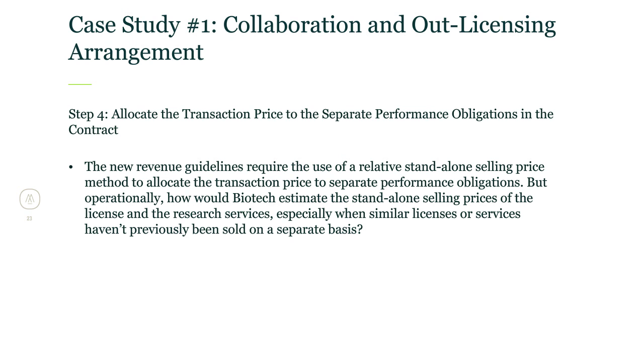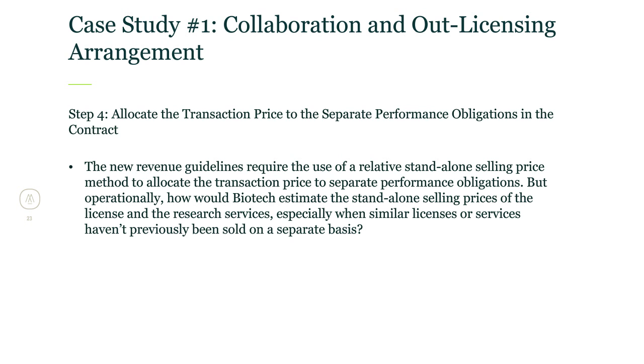Keep in mind also that discounts in variable amounts are allocated to specific performance obligations as long as the criteria for probability are met. So once you've determined that the individual standalone selling prices of each performance obligation exist, you'd add those up and you would then do your allocation to determine the relative percentage for each component.